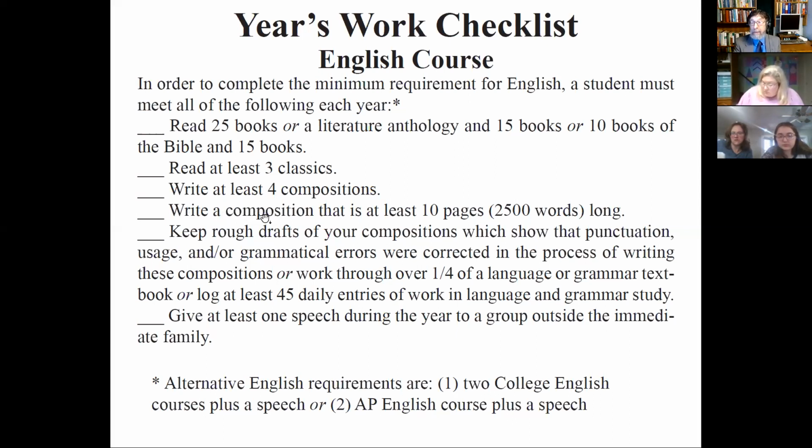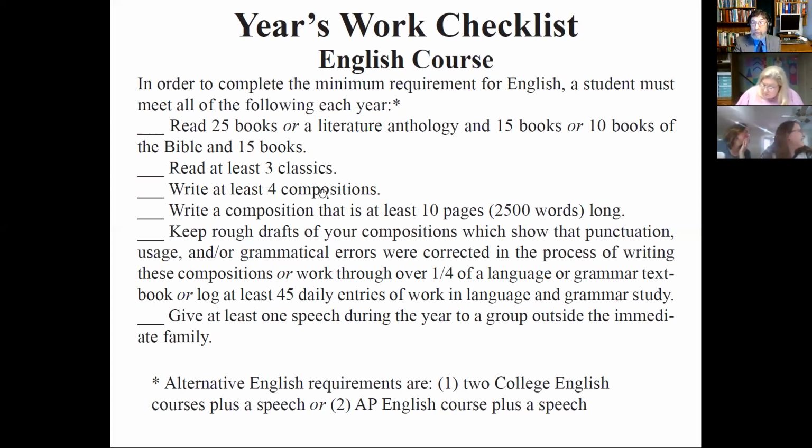It could be a fictional story. It could even be historical fiction. It could be a description of something you did. Let's say you grew a garden and you decided to write a composition about everything you did growing the garden. That could be a great 2,500 word paper.